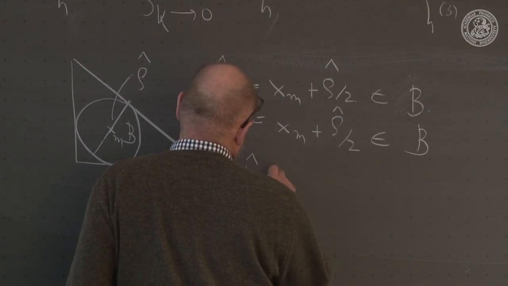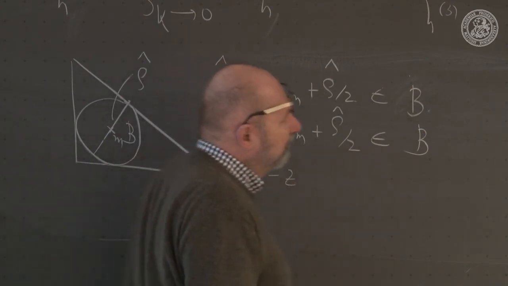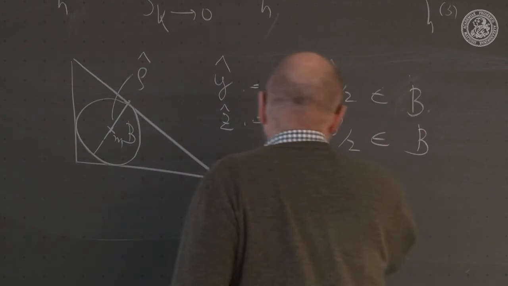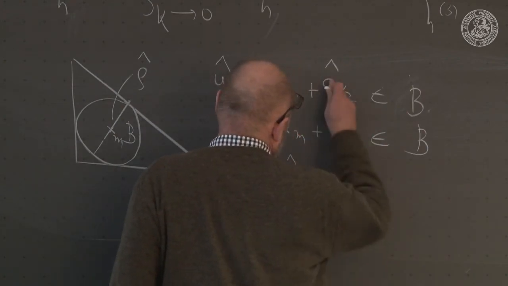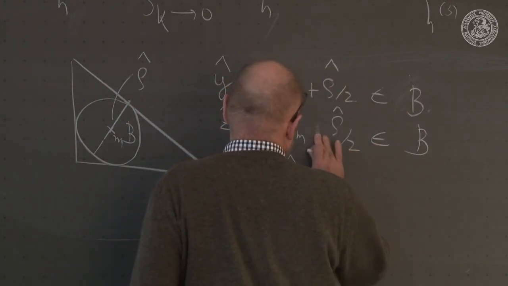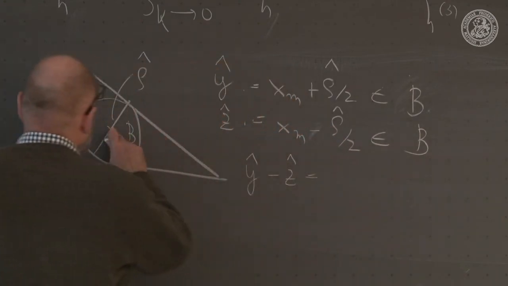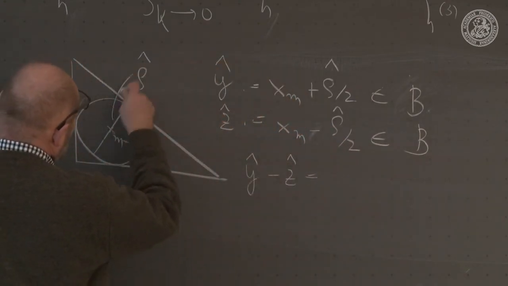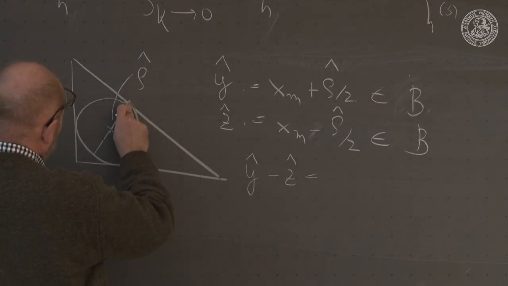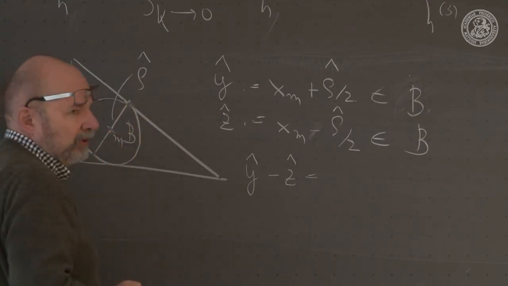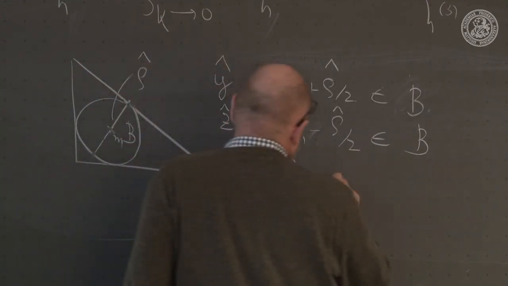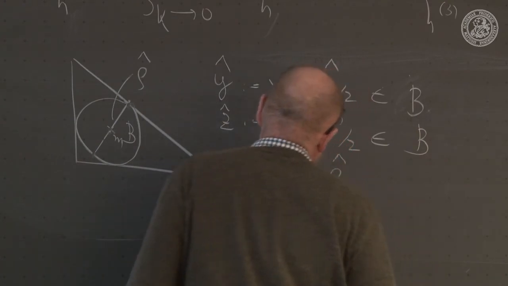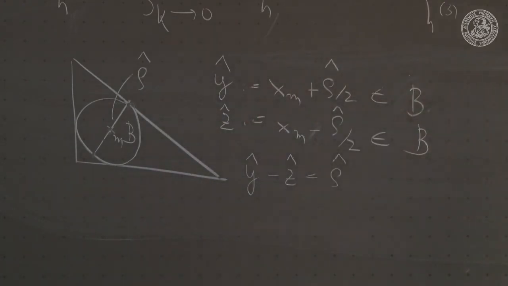What does that mean for the connecting vector for these two points? Yeah, the connecting vector is just the other direction, minus z. So I go from this point to this point. The connecting vector is rho hat, and that is the statement.